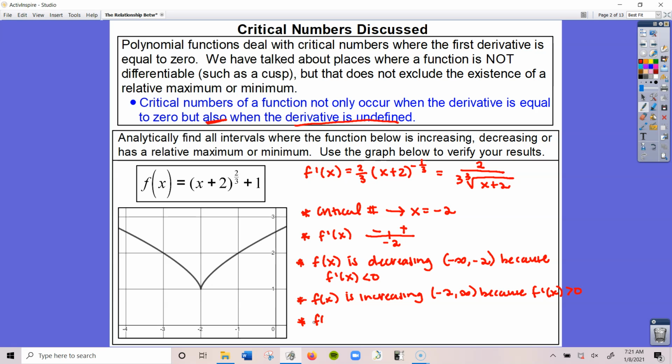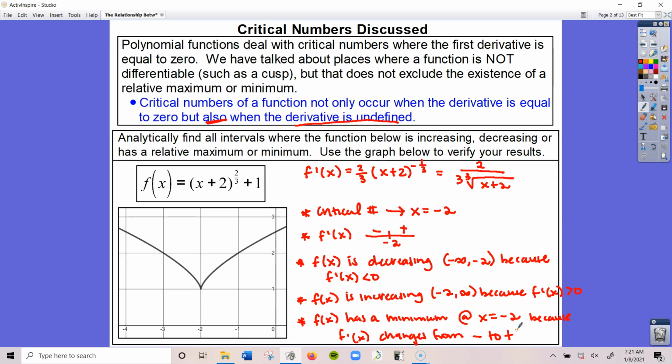So we can say f of x has a minimum at x is equal to negative 2 because f prime of x changes from negative to positive.